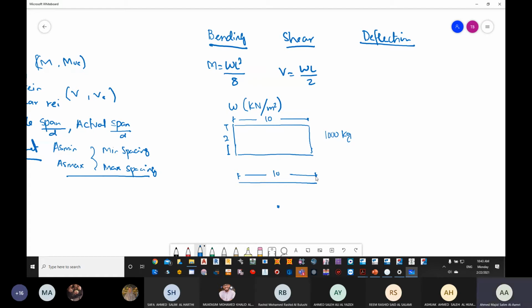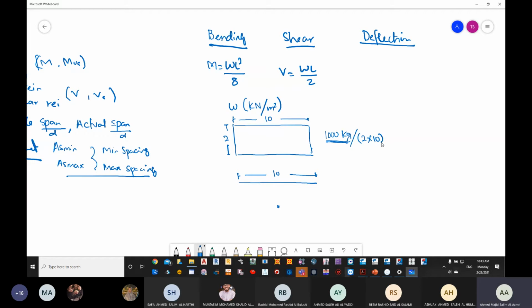Now you can see here, the loading here when it comes to 1,000 kilogram. If I want to spread this loading into an area, I need to divide it. So I have 1000 kilogram to be divided by an area of 2 into 10. Do you agree?